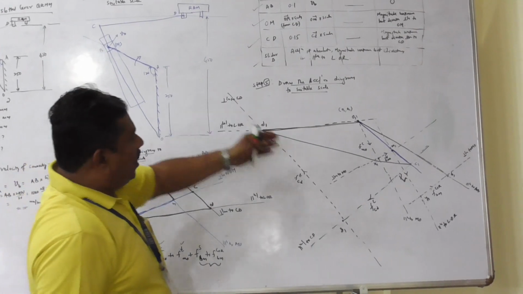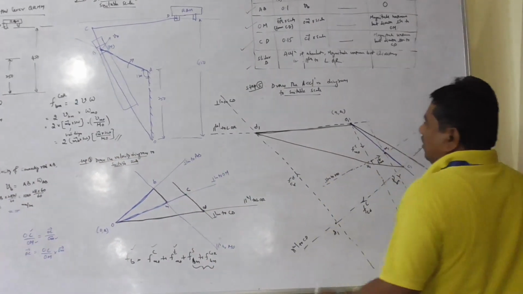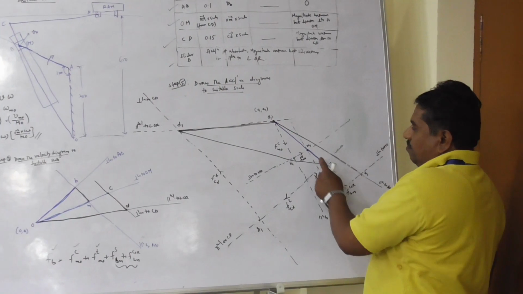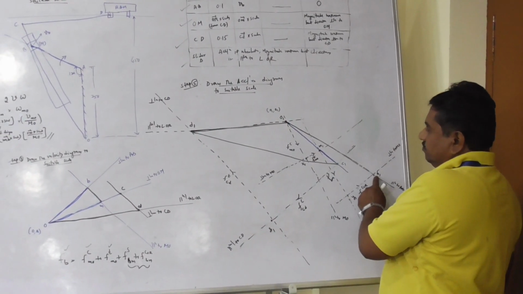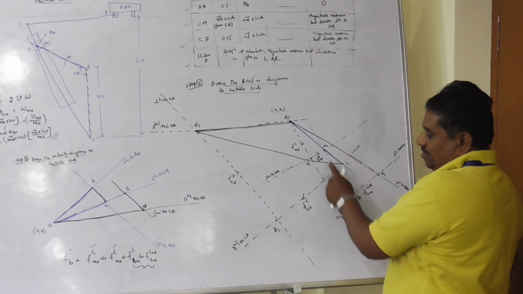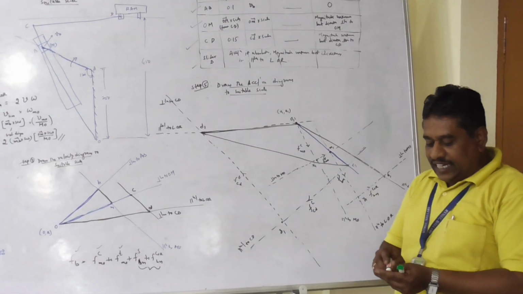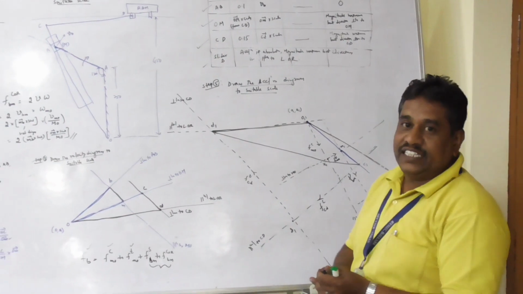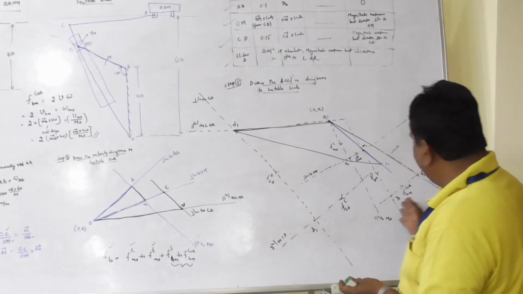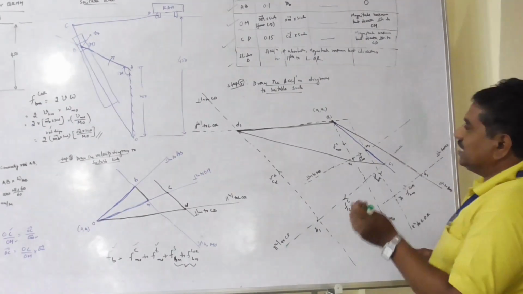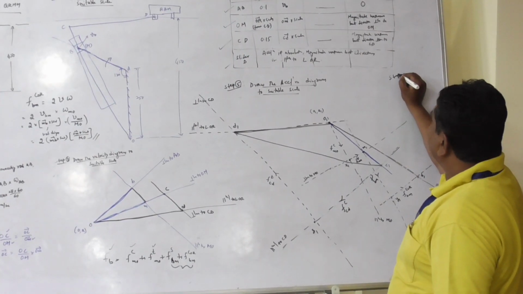Now check all the points are there in the diagram or not. A1, B1, C1, M1, D1. This is how the acceleration can be determined from the acceleration diagram, and Coriolis component is also measured. Lastly, step 6.